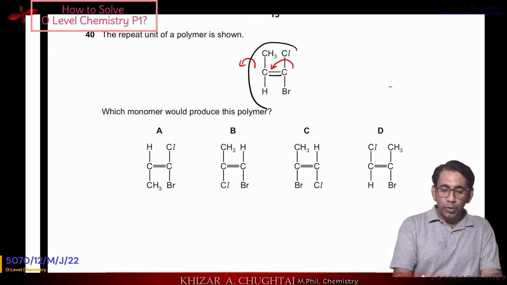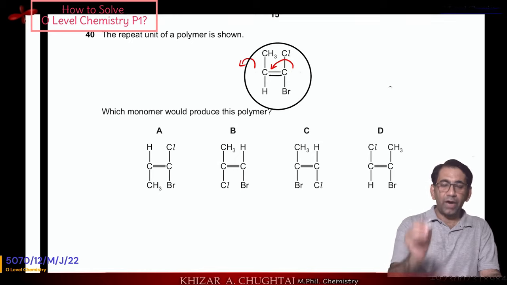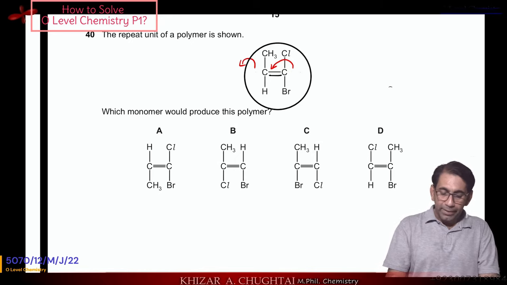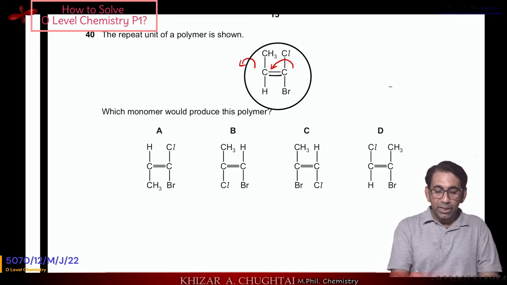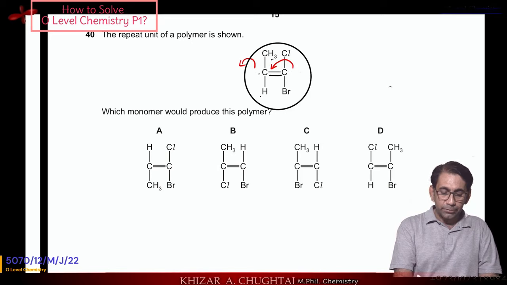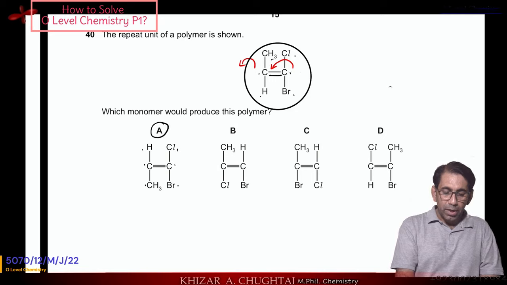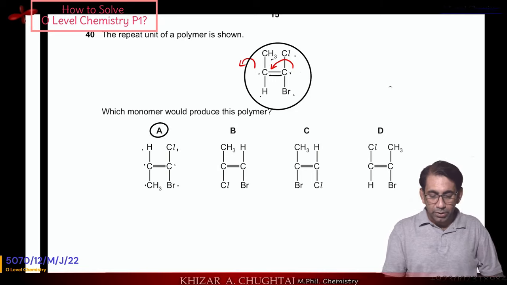In this way, you can make the monomer of the molecule, and now you can pick the correct option, CH3CH, ClCBr. A is the correct option.